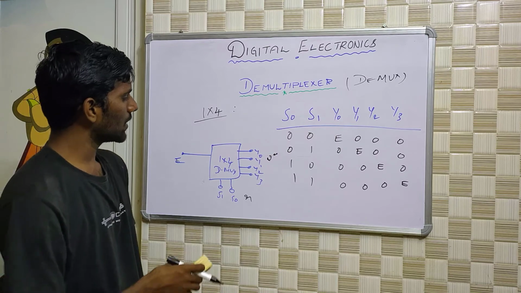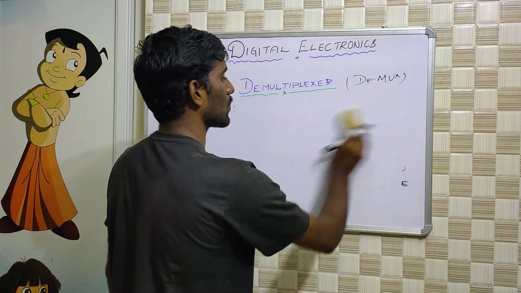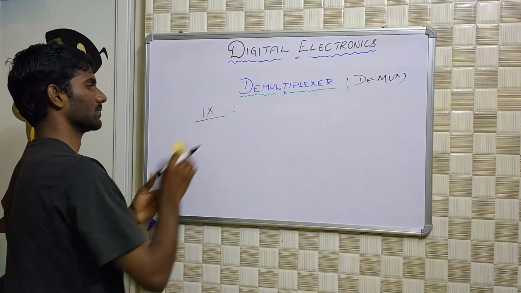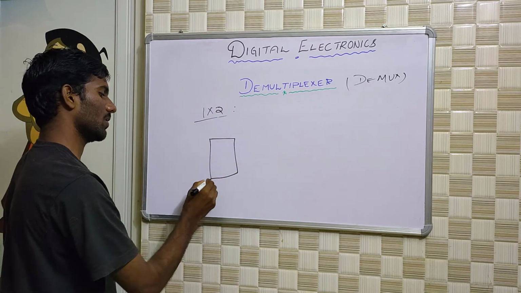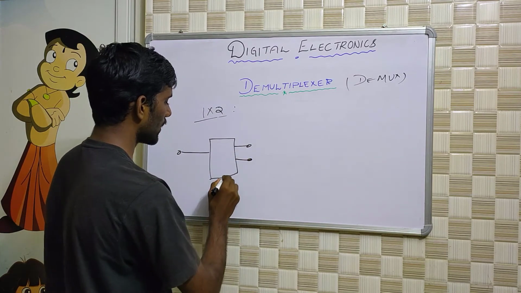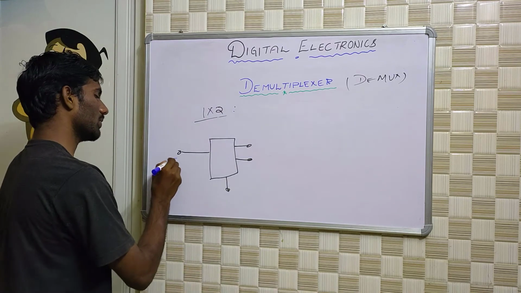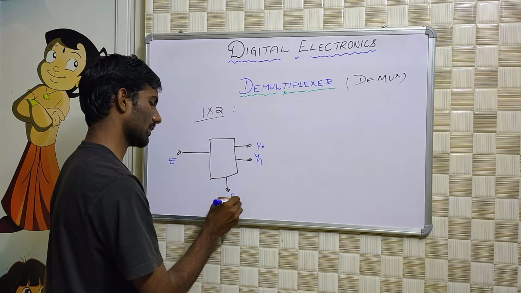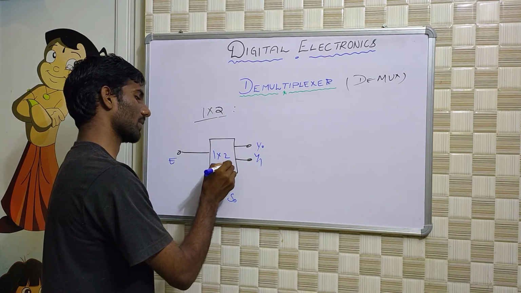We will see the 1 by 2 demultiplexer as well. In a 1 by 2 demultiplexer we have one input line, two output lines, and one selector line: input E, outputs Y0, Y1, selector line S0.